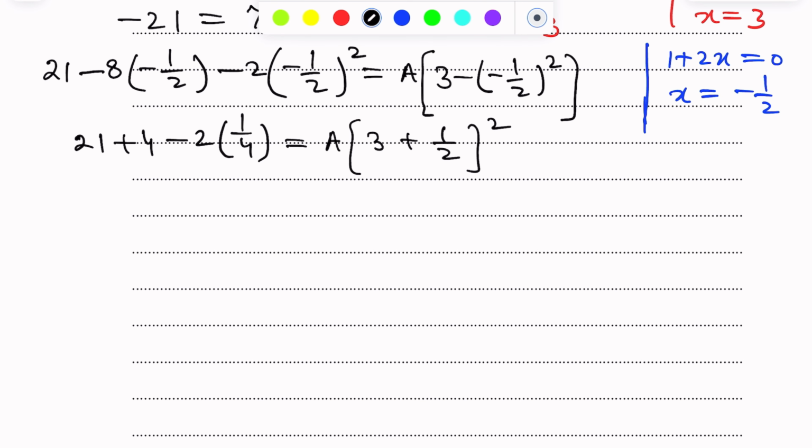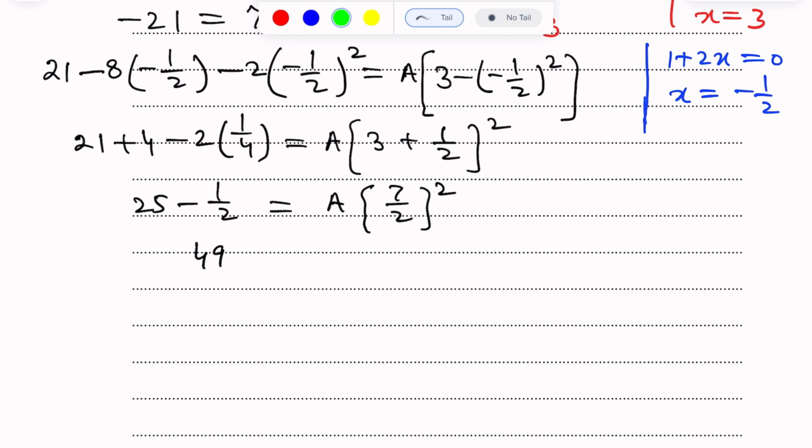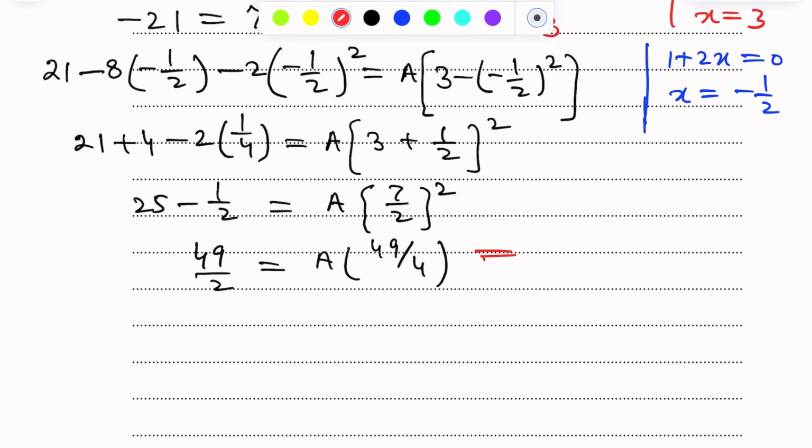Further simplifying, we get 25 minus 1 over 2 is equal to A into (7 over 2) whole square. Taking LCM, the left side is 49 over 2 and the right side is A into 49 over 4. From here we get A is equal to 2.